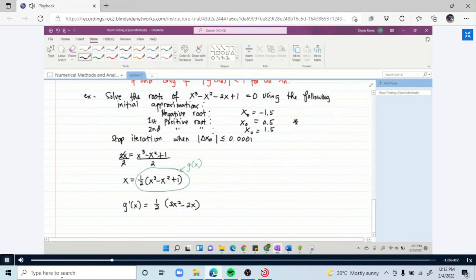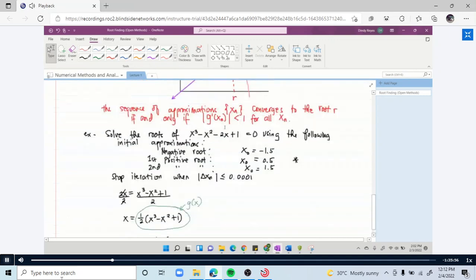Now, if I am solving for the negative root, then I will have to try, sabi dito kasi, the value of g prime at x sub n. Ano yung x sub n natin? Yung ating mga approximates, no? For all x sub n.